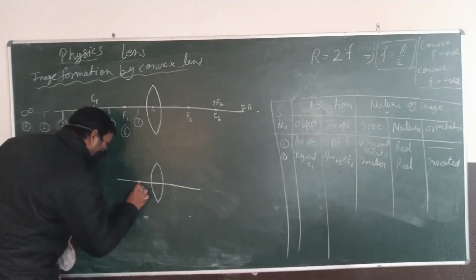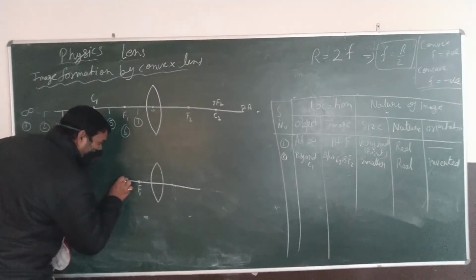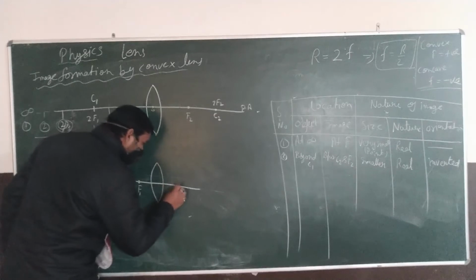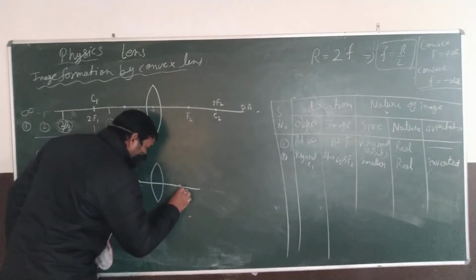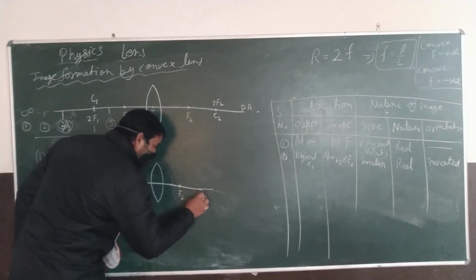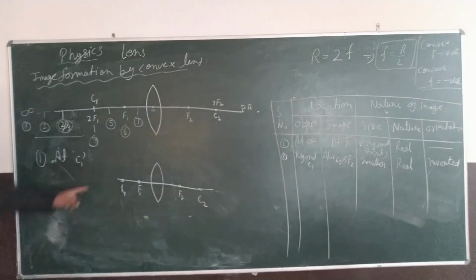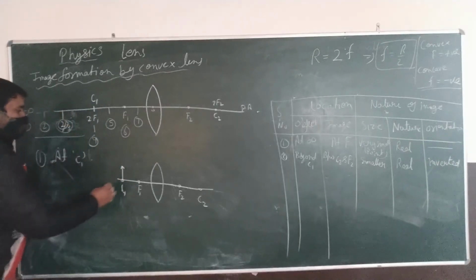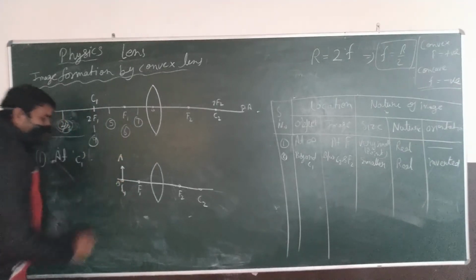This is F1, this is C1, F2 and C2. Clear? The object is at C1. This is A and this is B.